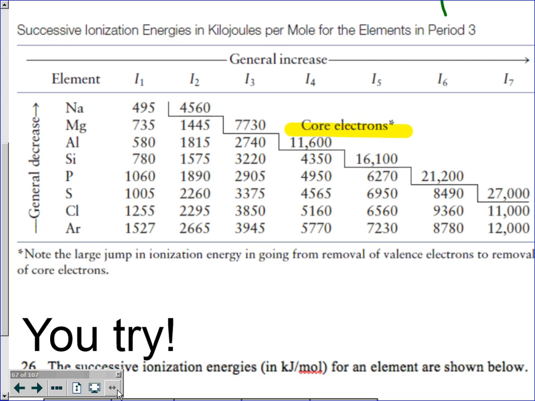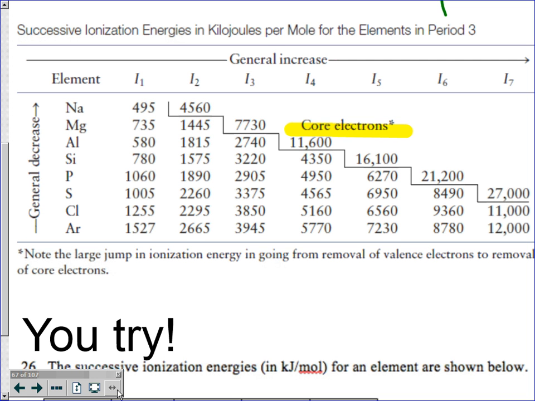But like magnesium, it's got a little bit of an increase, right? 700 to 1400. So that's taking its 2 what? Valence electrons, and then you jump to 7,000, right? Because what are we taking here? The core. So the third ionization of magnesium is huge. Aluminum goes up. You think 2,000 to 3,000-ish is a big jump, but relatively it's not a big jump according to the data.